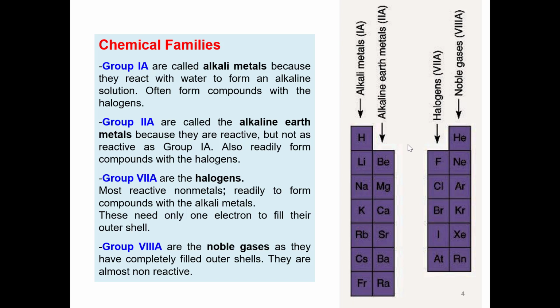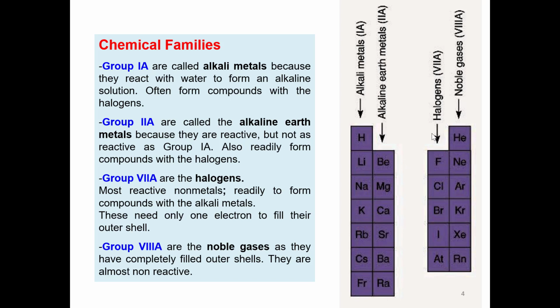The reason is that the alkali group needs to lose one electron to be stable, but halogens need to gain one electron. This is why these two groups usually react to form new compounds, because this one needs to lose one and this one needs to gain one. That is the perfect combination.